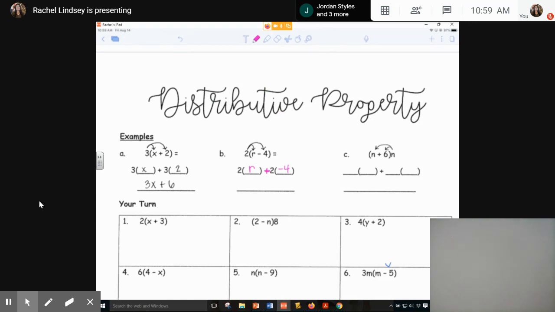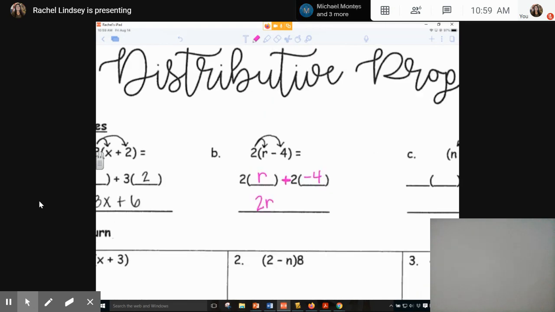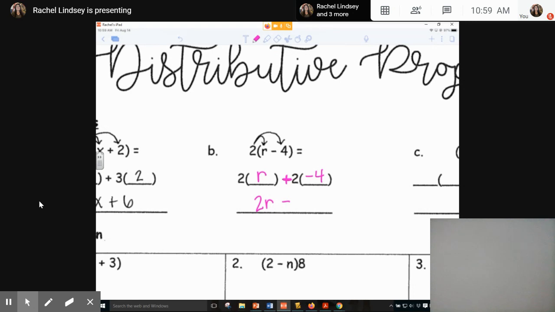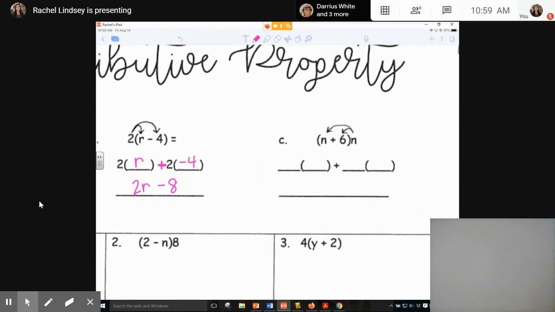Then you have 2 times r, which is just 2r, and 2 times negative 4 gives you negative 8. So your answer is 2r minus 8. Then on C, the n that you're multiplying is at the back. That doesn't really change anything, but if you want to rewrite it so that it's at the front, you can.